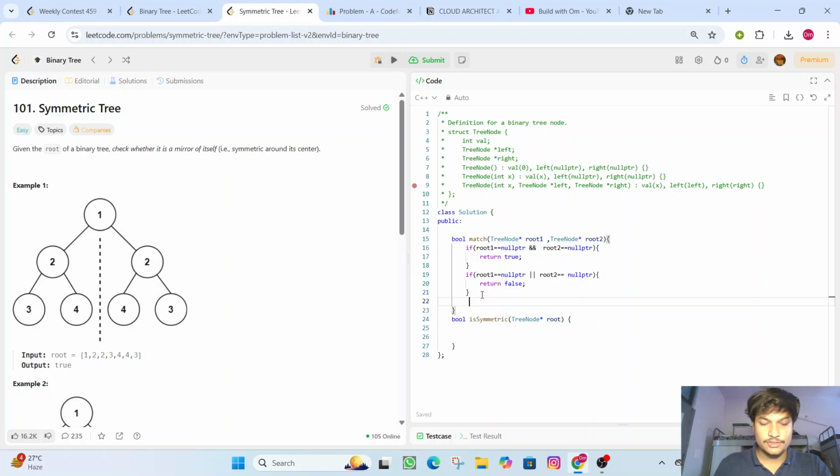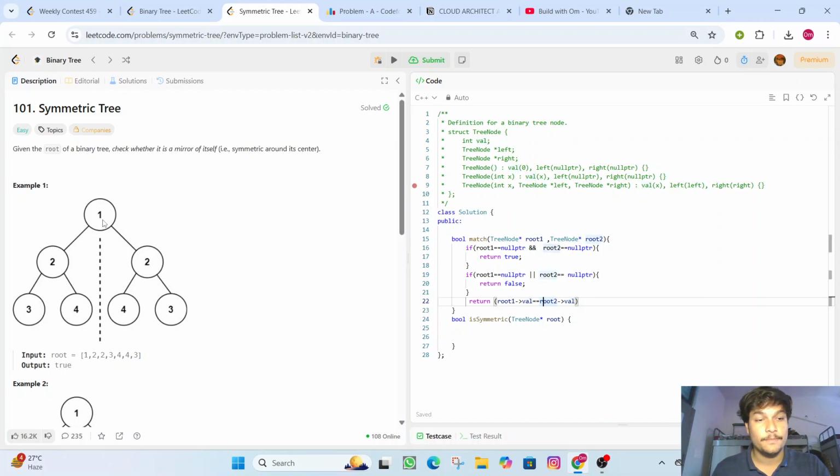After that, we write a return statement: if the root1 value is equal to the root2 value. Basically, root1 and root2 are the left and the right nodes of the main root.